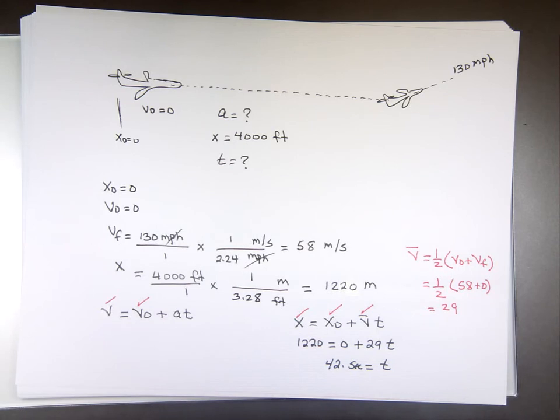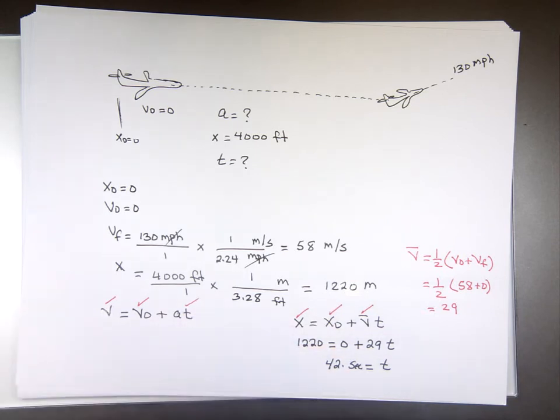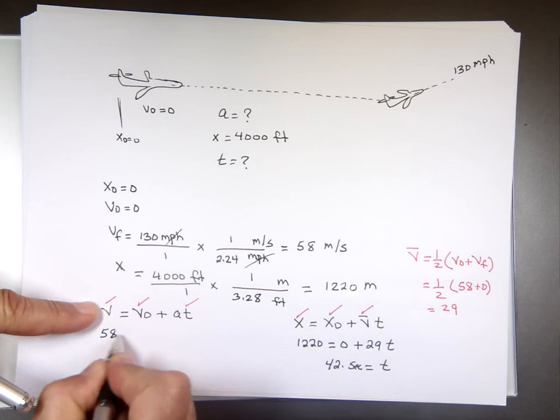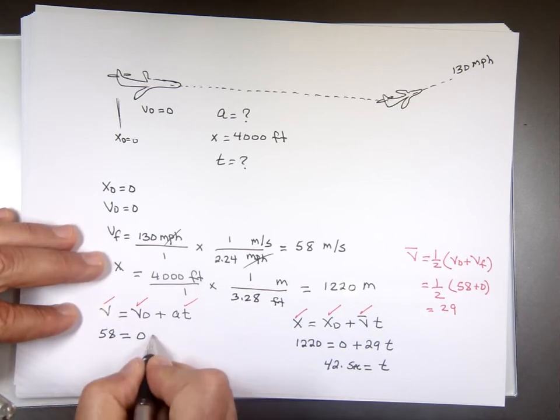So it took that plane 42 seconds before it started to take off. Now if I know the time, I can come back to this. Now I know this. Can I find the acceleration? My V is 58. My initial one is 0. My acceleration is unknown.